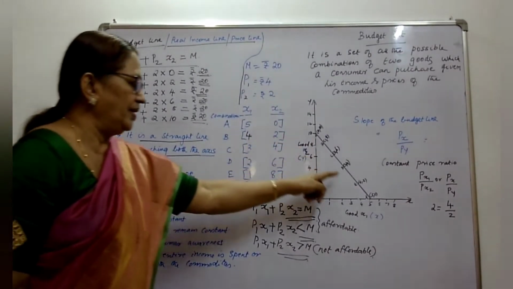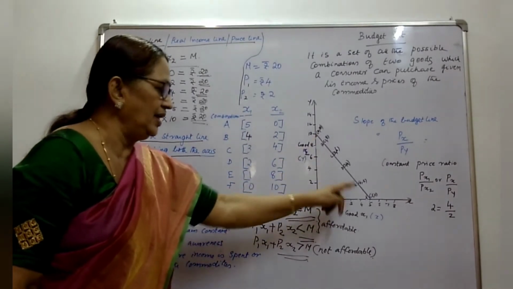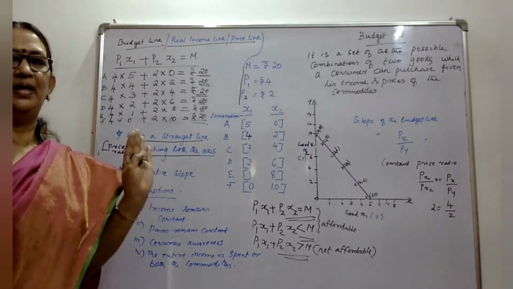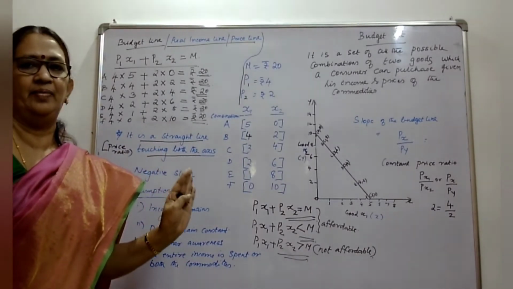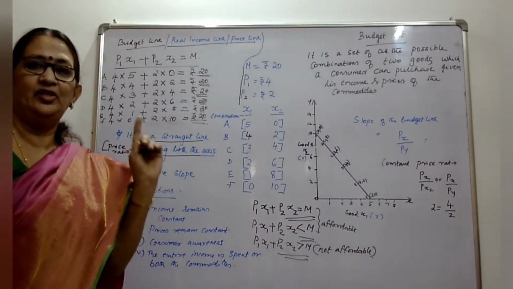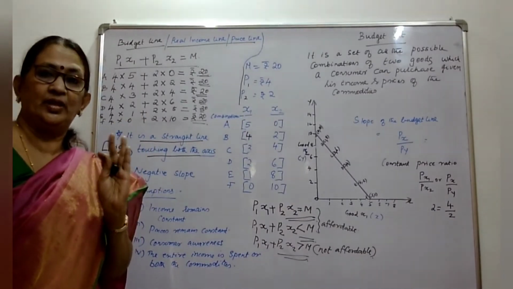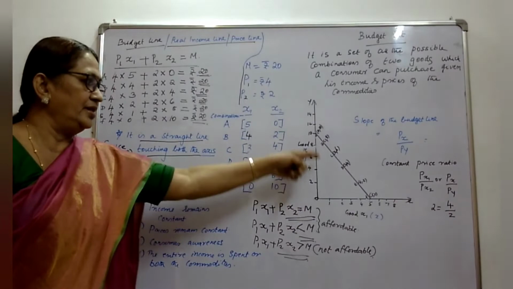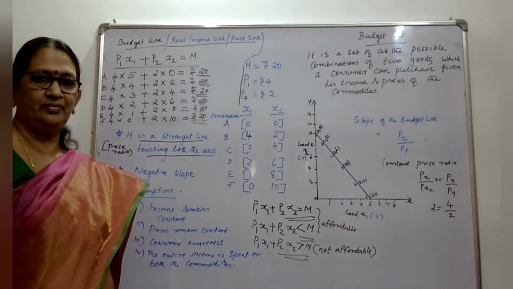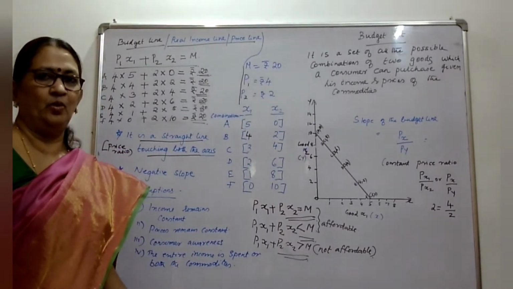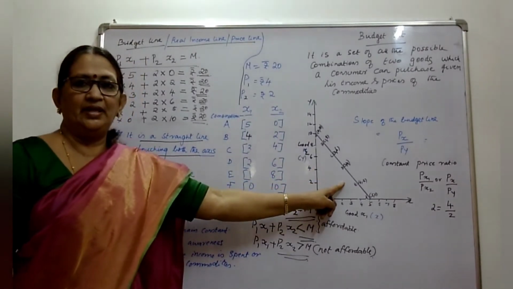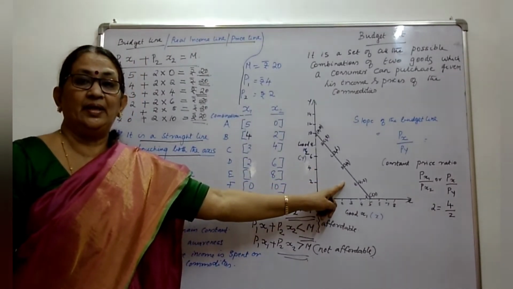Okay, now see the bundles. They are marked on the budget line. All these bundles come on the budget line, which is called the real income line or price line. It shows the budget constraint. He cannot purchase more than this price line, because this price line shows the bundles which are equal to income.